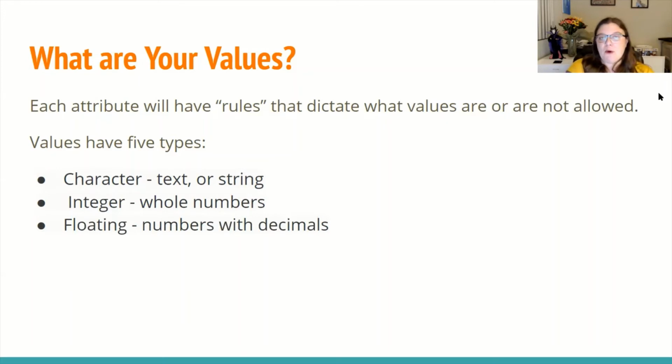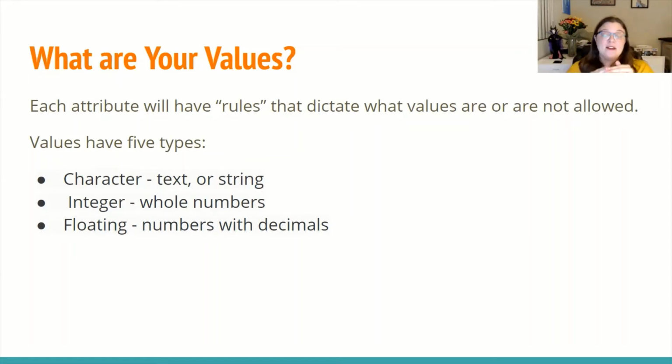Integer and floating are both going to be number types. The difference between integer and floating is much more complicated than this. It has to do with how the computer processes them. But for this lecture, we're going to separate them into integer is whole number and floating has decimals.